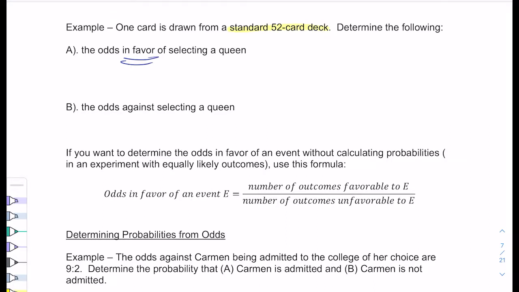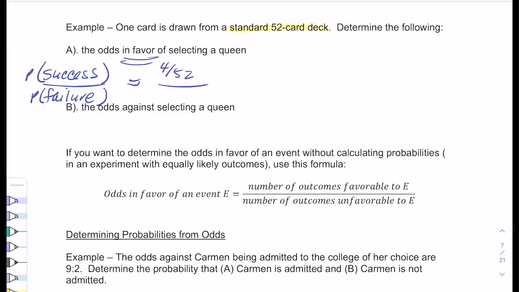In favor of means I want success over failure, so the probability of success over the probability of failure. What's the probability of selecting a queen? Well, there's 4 queens: the Queen of Hearts, the Queen of Clubs, the Queen of Spades, the Queen of Diamonds. So the probability would be 4 out of 52.